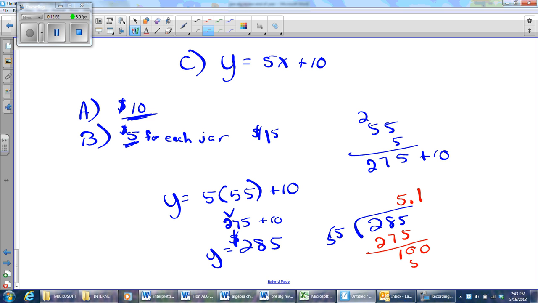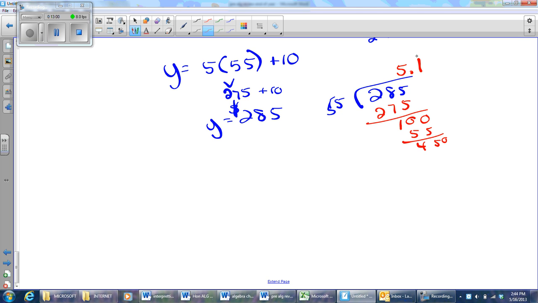So 55 will get me 450. So where are we at here? It's going to be a little bit more than 5, 6, 7, 8. Yeah, I think I like 8 there. I'm doing long division. That's all you can do on your calculator. I'm going to get 4, 4. And then it's going to start over again at 100. And so I'm going to get 1. So I'm going to say about $5.18 per jar of jelly.